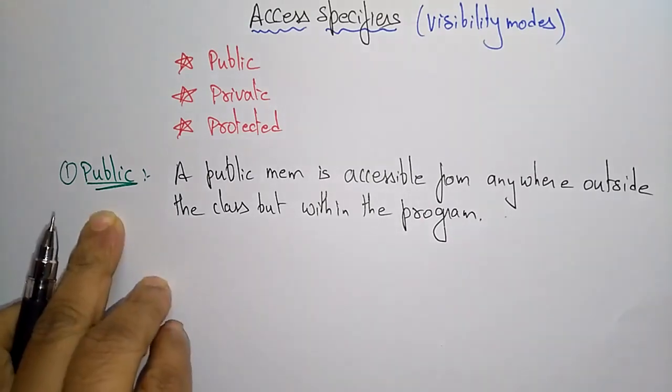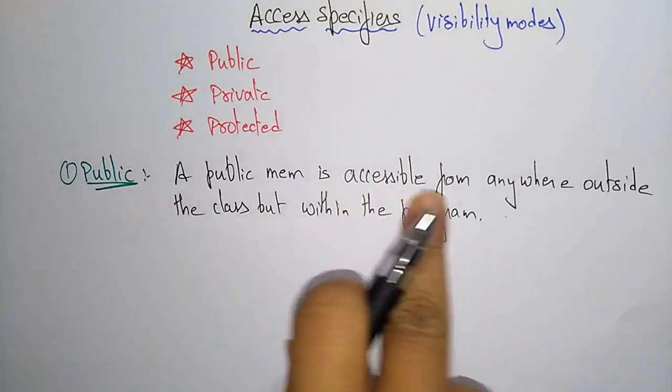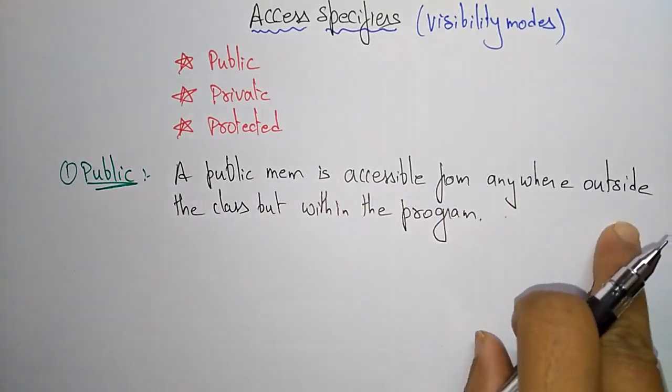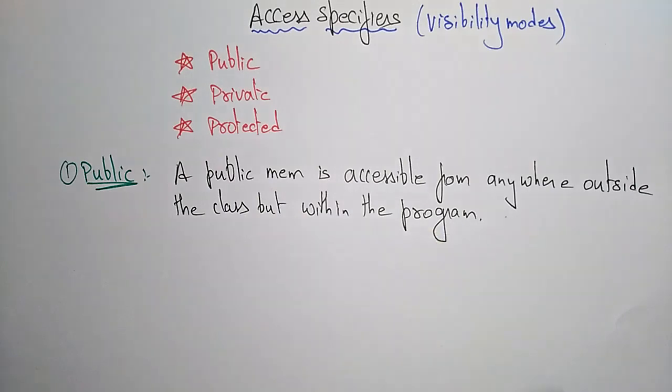The variables or member functions that are declared as public can be accessed from anywhere outside the class, but that should be within the program.